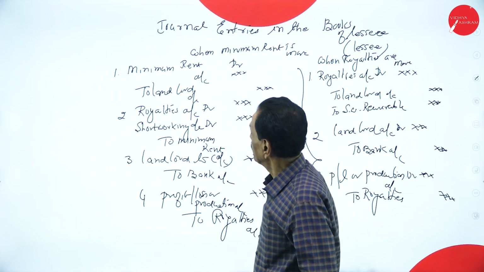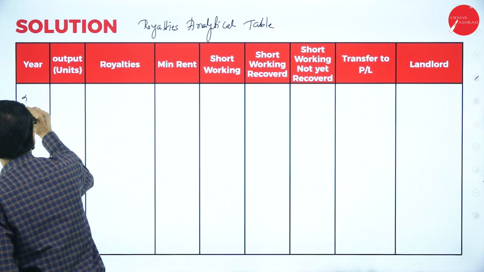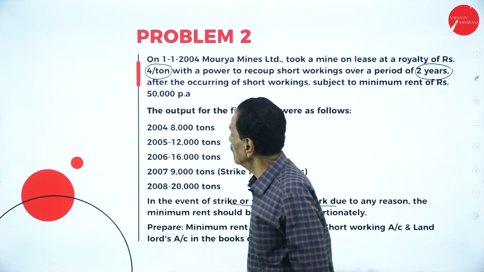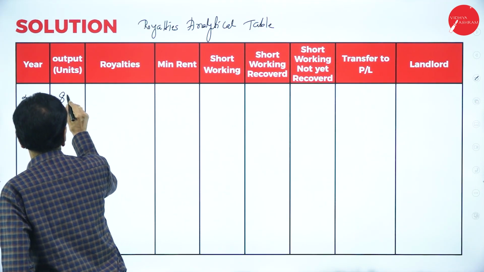For the first year, 2004, what's your output now? 8,000 tons, units.